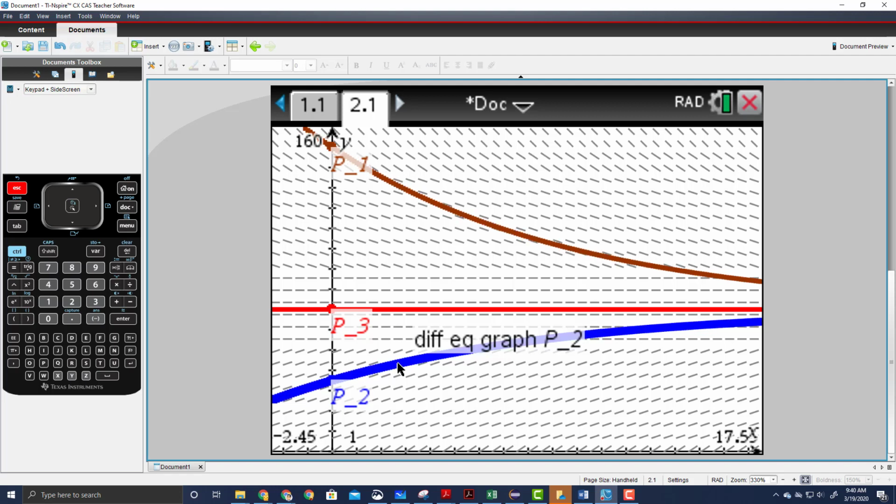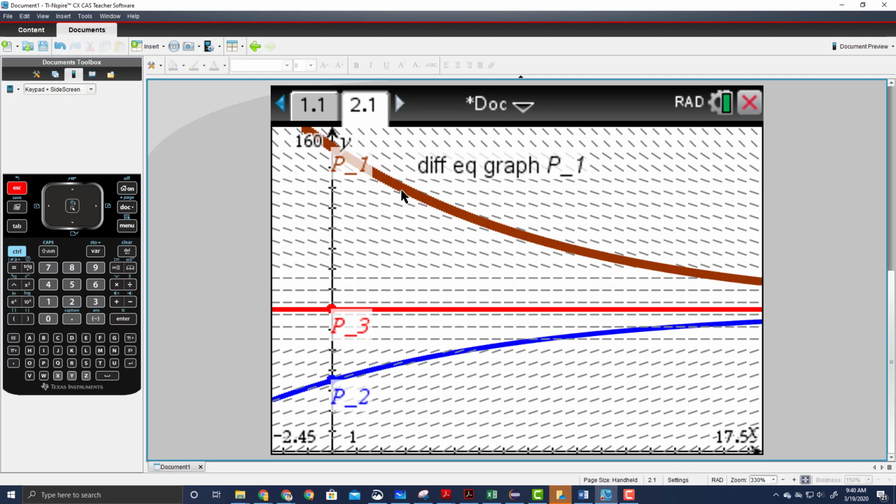If my initial temperature is greater than 70, I'm going to get a solution that ends up having a certain mathematical form that will be concave up. Again, if I start with an initial temperature below 70, I'm going to get an entirely different mathematical form that will give me particular solutions that are concave down.